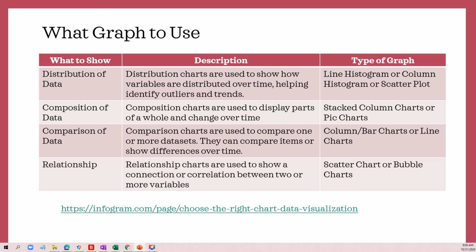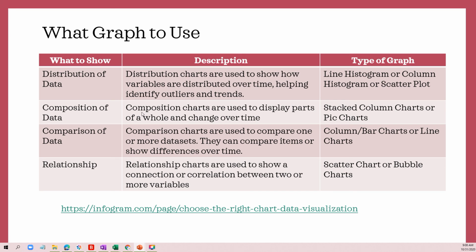So how to decide what graph to use? If you're trying to show your distribution of data, distribution charts are used to show how variables are distributed over time, helping identify outliers and trends. And you can use histograms or column histograms or line histograms or scatter plots for that.